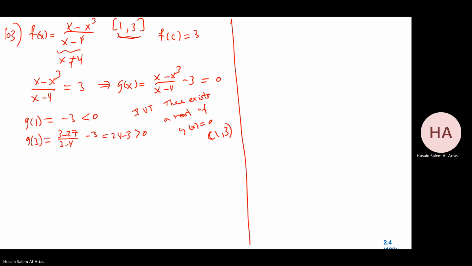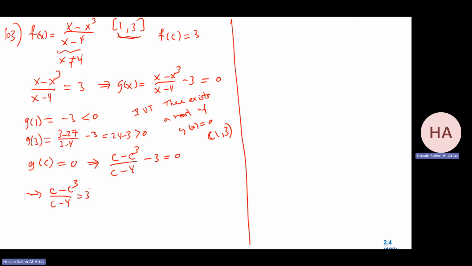Okay. Now, if I want to find that root, what shall I do? I need to solve this equation. I need to solve g at c equals 0. So that implies c minus c cubed over c minus 4 minus 3 equals 0, or c minus c cubed over c minus 4 equals 3.